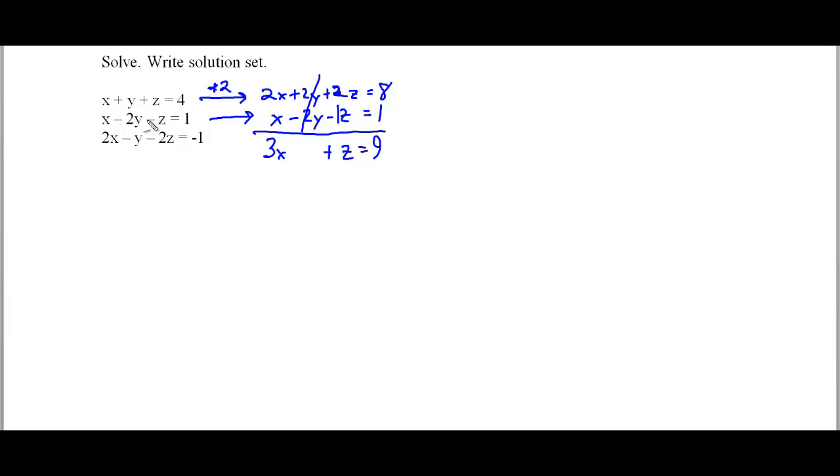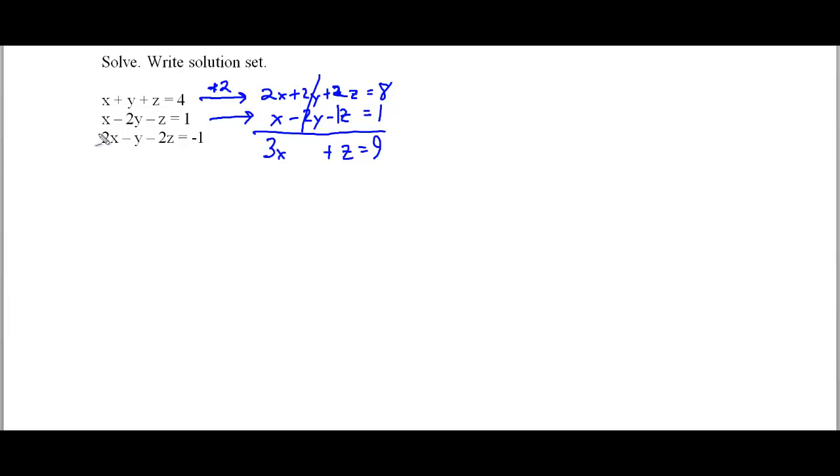Now I've got to pick another pair. I can pick either the middle and bottom or the top and bottom, and I have to eliminate the y's. So your first step was to pick a pair and eliminate a letter, and then you pick another pair and eliminate the same letter.